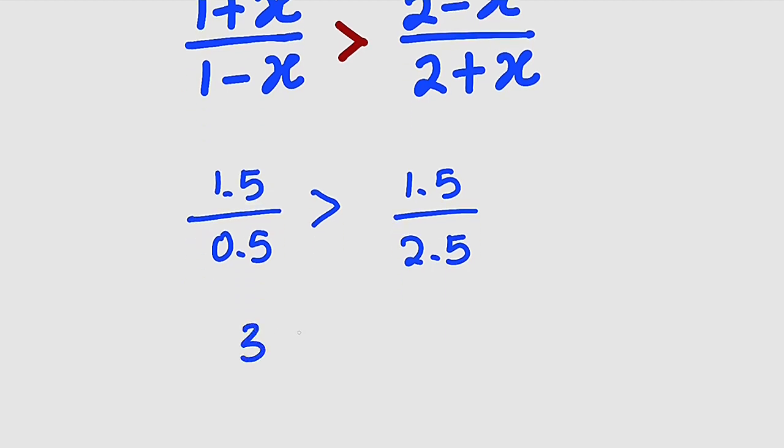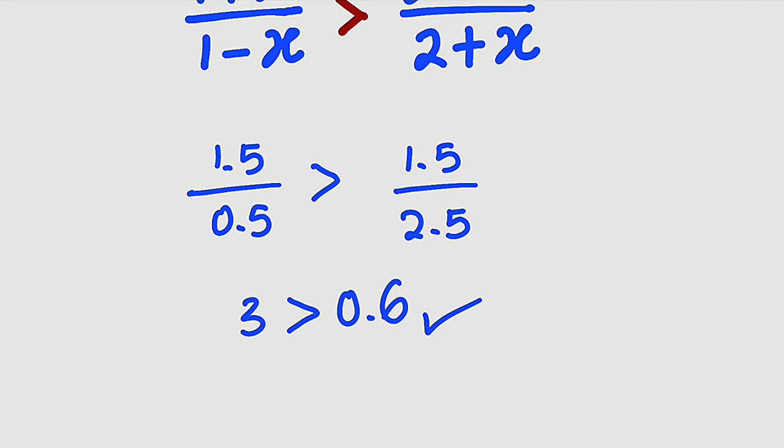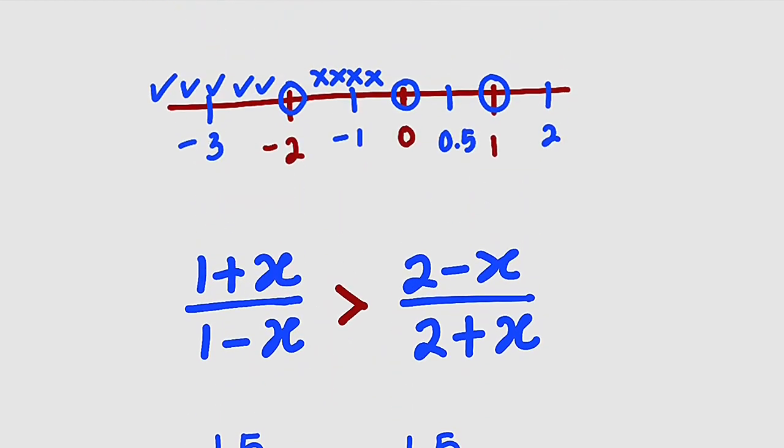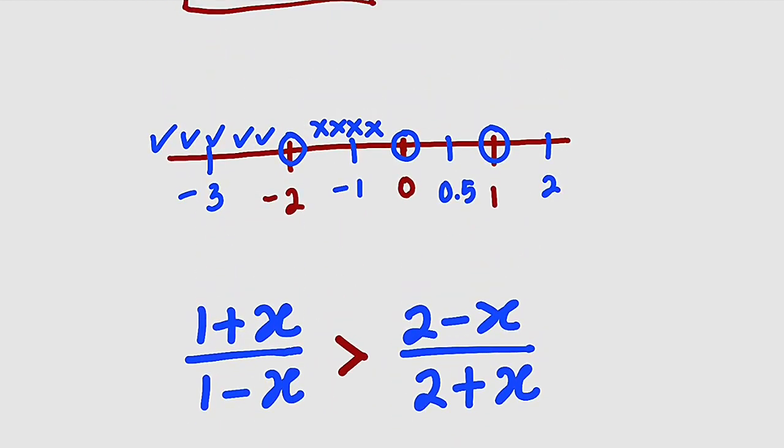So we have 3 here, greater than 1.5 divided by 2.5, which is 0.6. And this statement is true. Therefore, all values here will satisfy this inequality from 0 down to 1.